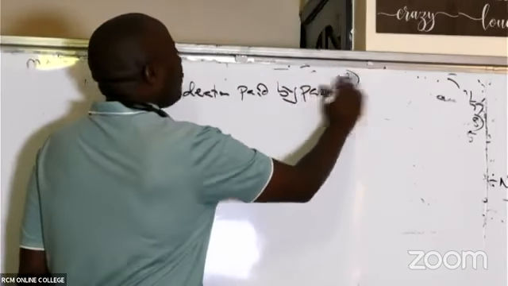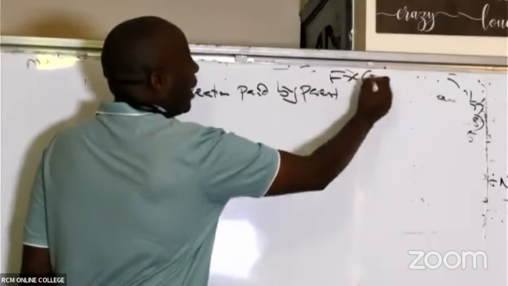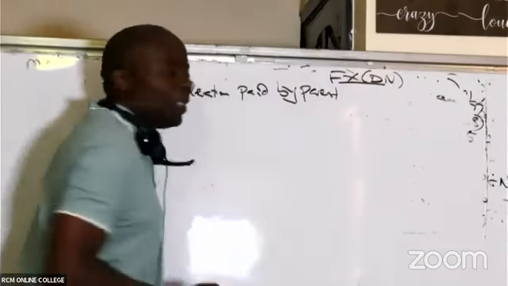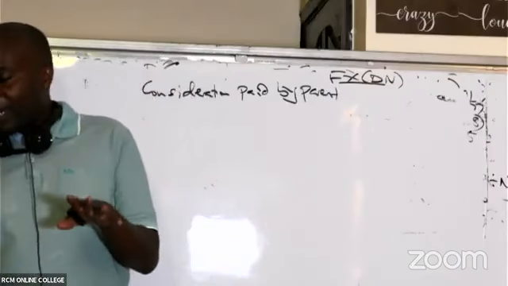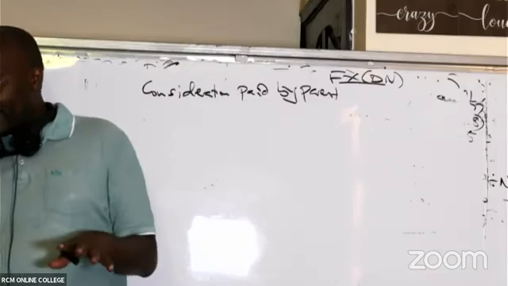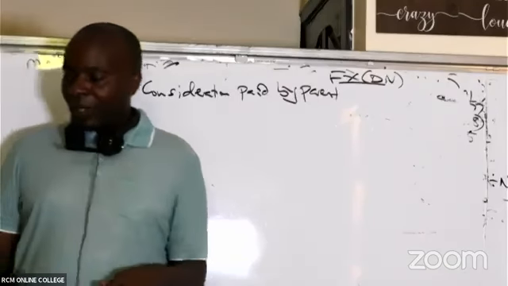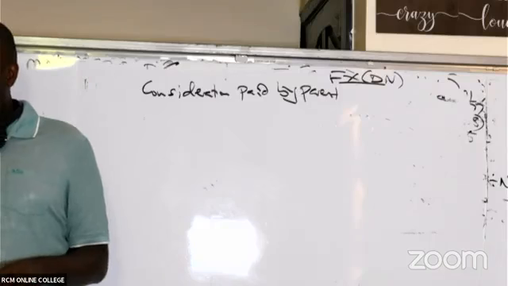And remember, this figure must be in forex. Forex is the dinar. So in this case, how much did the parent pay for its 90% stake? Consideration paid by the parent. Is there somebody who can assist me here?